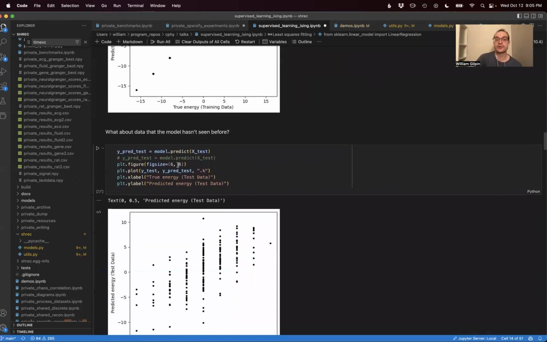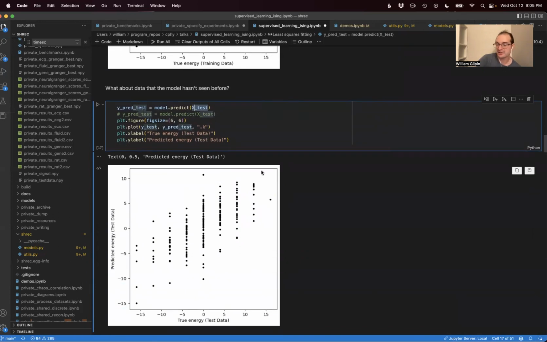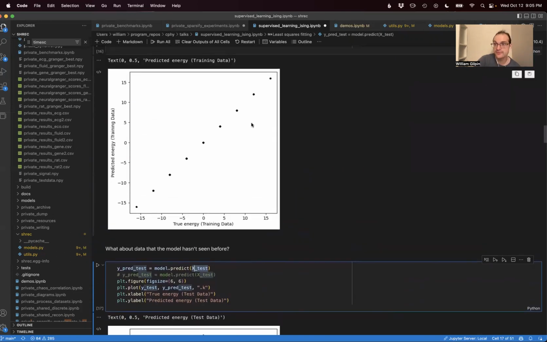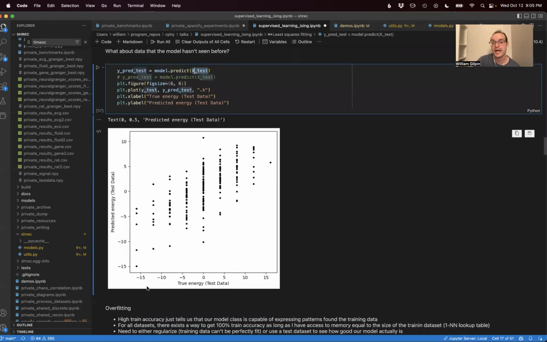And so when I run that on the test data, which has never been seen before, I get predictions that turn out to be not quite the same as the correct energies. So now it's clear that my model is overfitting a little bit, because when I give it microstates it's seen before, it guesses the correct energy. When I give it microstates that it hasn't seen before, it maybe gets close to the right energy, right?